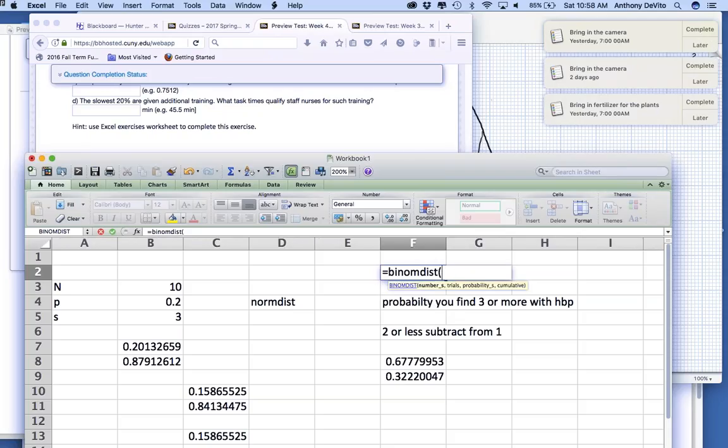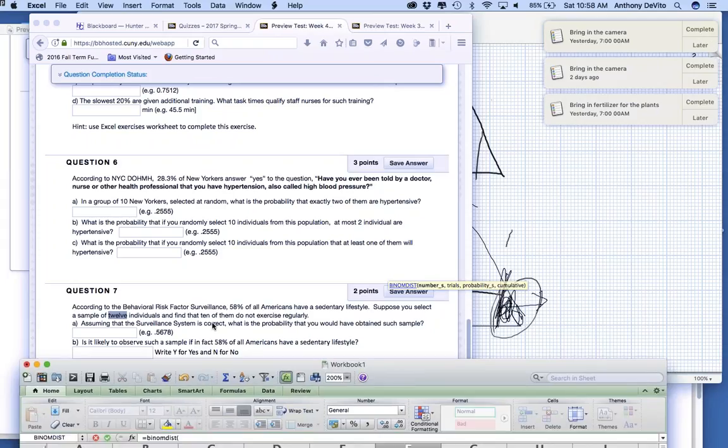So 12 is your number of trials. Number of successes is 10 people you found that didn't exercise regularly. And the probability of any individual not exercising is 0.58, right?